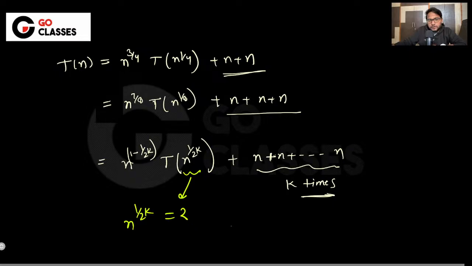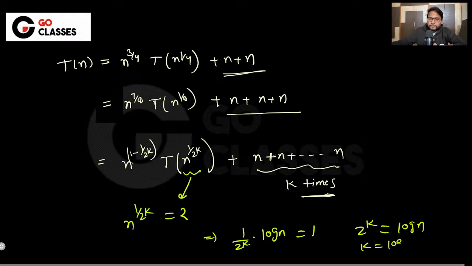If you take the log, 1 upon 2 power k into log n is 1. So 2 power k is log n, so k is log n. That's why this is n into k, which is n into log n. So n into log n will be the answer. Is this okay to everyone? n into log n.